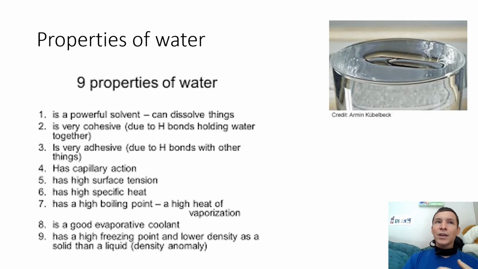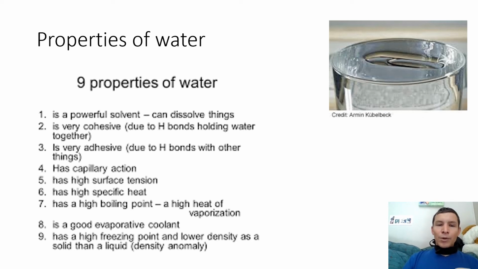You wouldn't have things like an insulating layer above when it freezes, keeping the fish alive. You wouldn't have things like the chemicals inside of us being able to dissolve and be used in those processes. That's why we're 70% water, because we need those solvents.